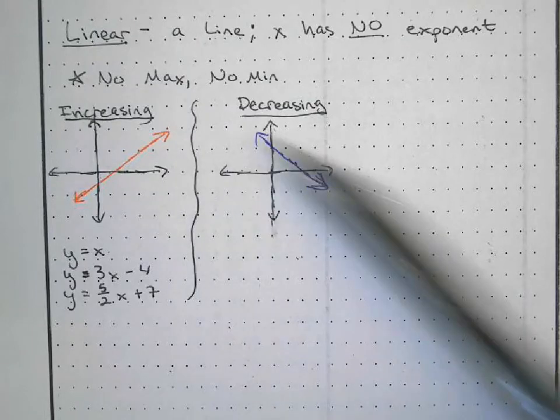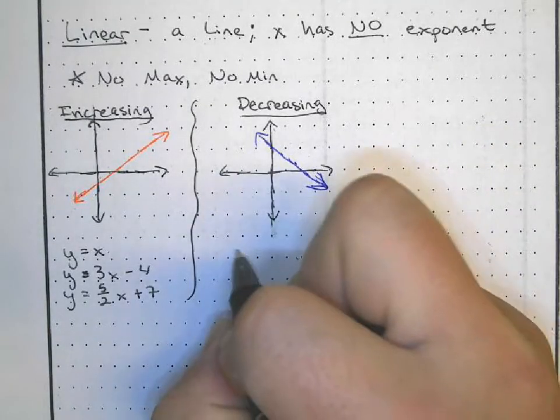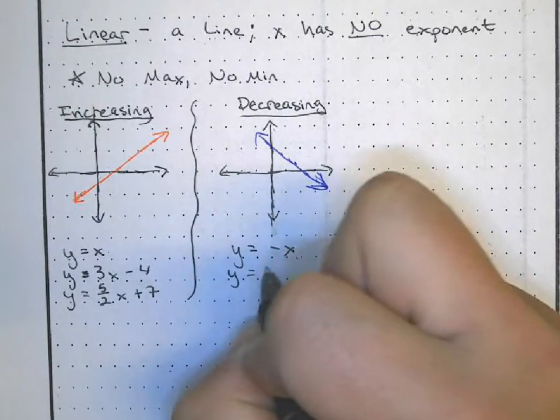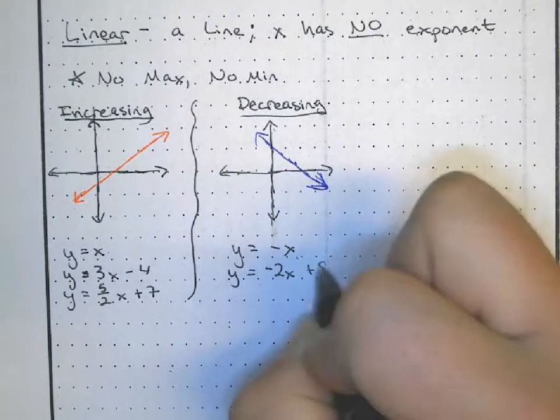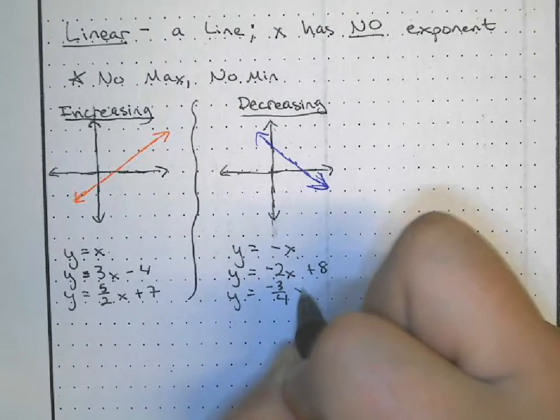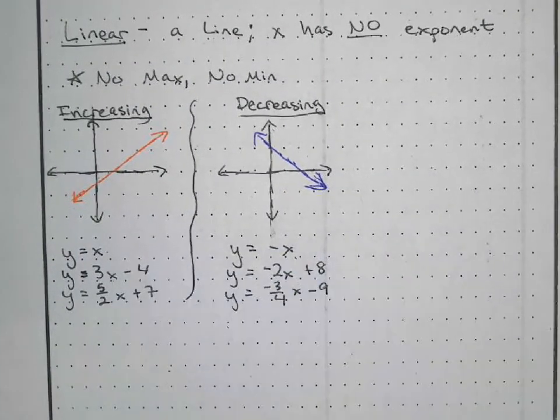And this one, that x piece, since we're going down, will be a negative x. So examples would be y equals negative x, y equals negative 2x plus 8, or y equals negative 3/4 x minus 9. On all of these, that x part is negative.